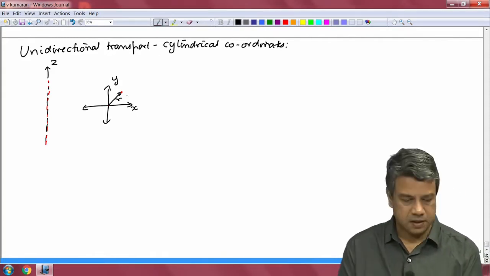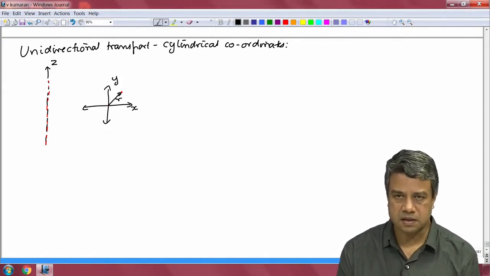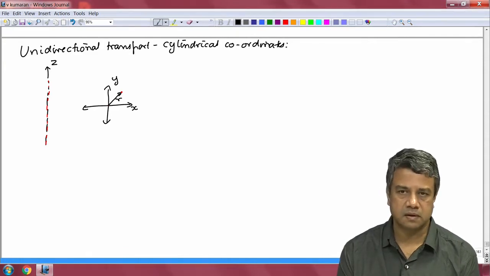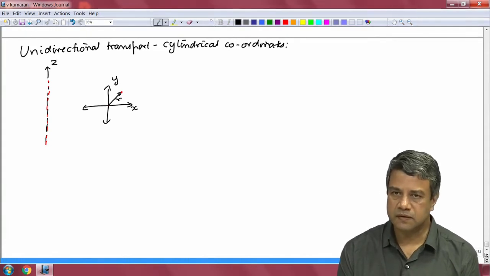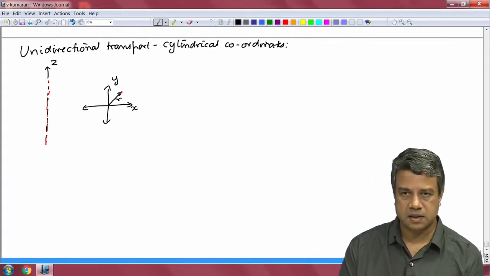We assume that there is no variation in temperature or concentration or velocity around the axis. The only variation is in the r direction. That is the assumption here, and we had derived conservation equations in this case.